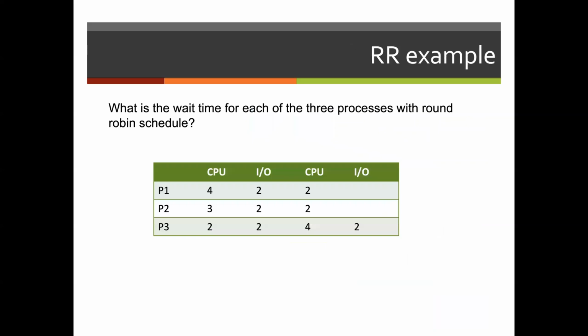And so let's take into consideration some wait times for each of the processes. Here we have P1, P2, and P3 with appropriate CPU and IO times that are available.